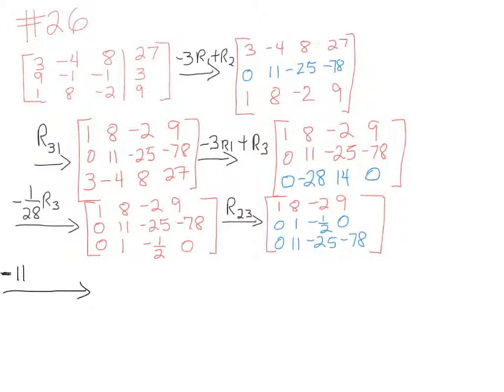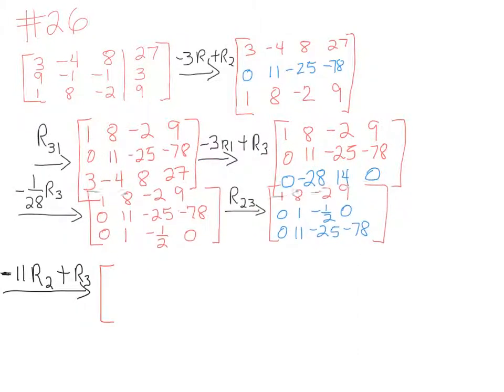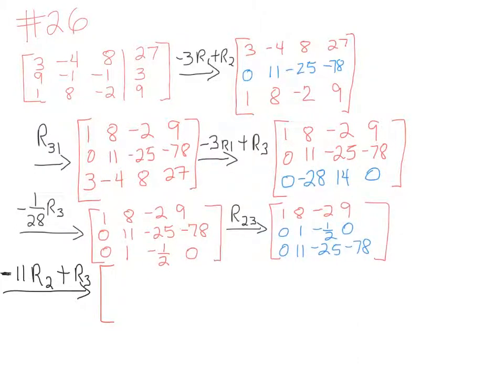So negative 11 times which row? You want to use a 1, so it would be row 2, isn't it? We use a 1 on the row 2, and we add it to row 3, so we can eliminate the 11 on row 3. You always choose the column that you want to use.